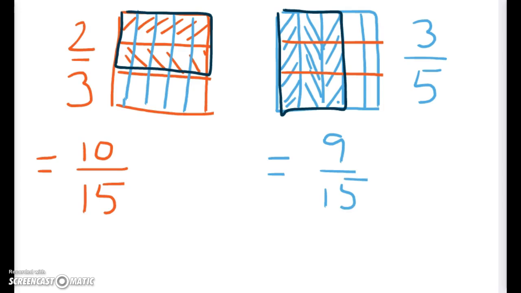So we now have established equivalent size pieces, each of which is 1/15 of the original cake. And I think we can easily see that the red cake is a bit more than the blue cake because I can count 10 pieces here, and I can only count 9 over here. So if I matched them pair for pair, there would be 1 left over on the red.